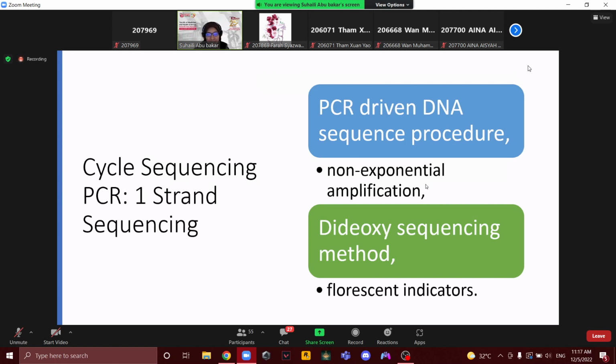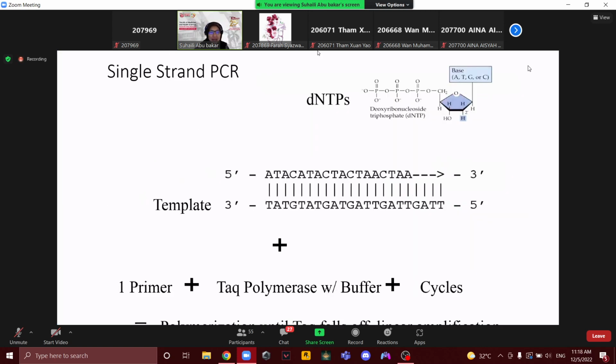One primer only. And then the dideoxy sequencing method. This is the first sequencing method being introduced, with fluorescent indicators. So this is the principle. Still a PCR driven DNA sequence procedure. Mesti ada PCR juga, but it's non-exponential. And there must be a label. Okay, so this is the analogy.